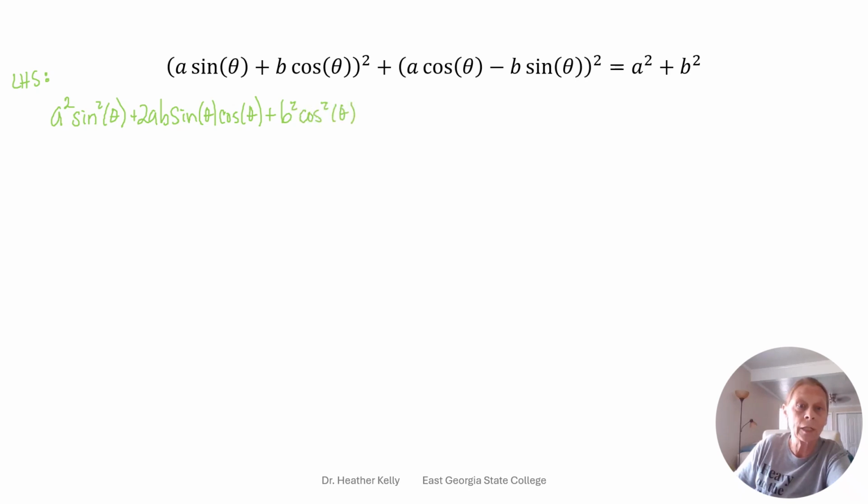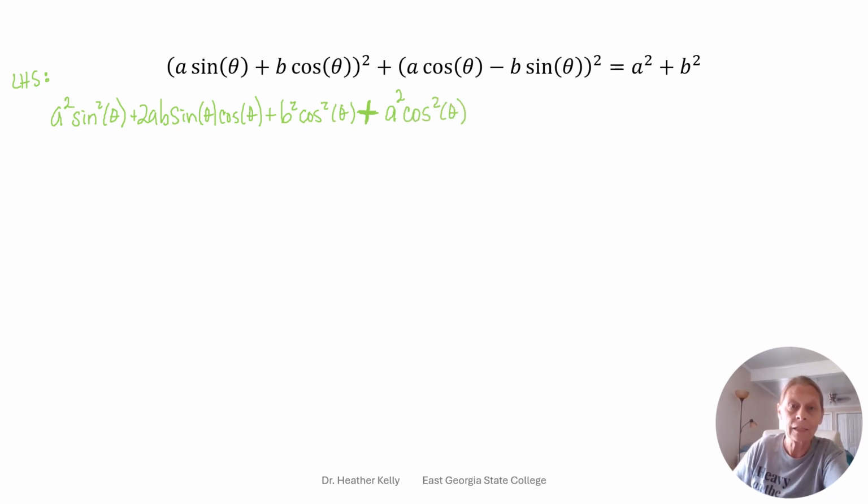Now, if you don't know any tricks on how to square up things like this, start practicing. Remember that the trick is it's the first thing squared, plus 2 times the product of the two things, plus the last thing squared. So it's one big plus in between here, and then we'll get started with this one. Like I said, it's the first term squared, so that would be a squared cosine squared theta.